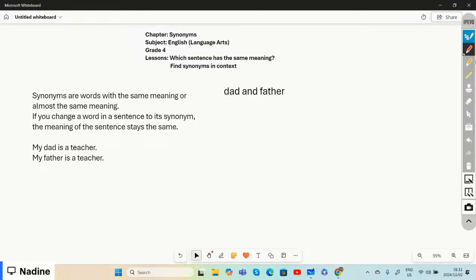All right. So synonyms. I'm thinking of words. Let's say simple synonyms. Okay, big. What is the word that is the same as big or almost the same as big?